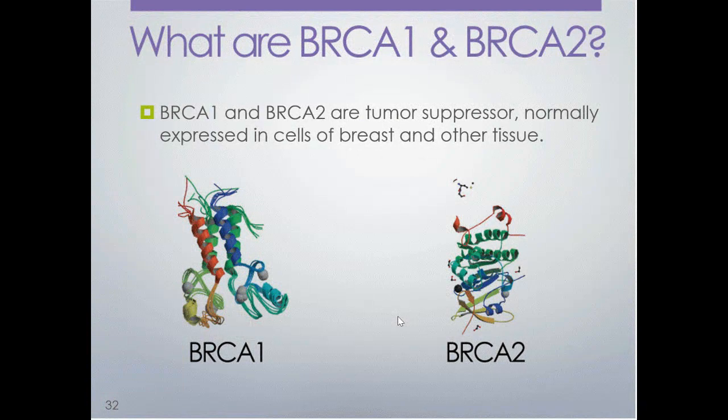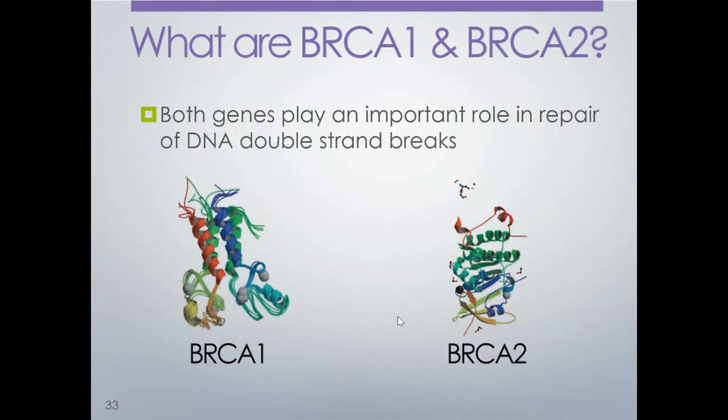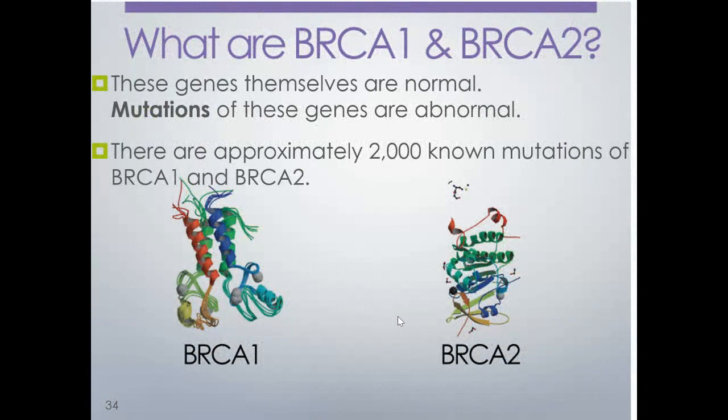Now, BRCA1 and BRCA2 are tumor suppressors, and they're normally expressed in cells of breast and other tissue. They play an important role in the repair of DNA strands, DNA double-strand breaks. The genes themselves are completely normal. However, when these genes mutate, they become abnormal genes. And currently, there's over 2,000 known mutations of BRCA1 and BRCA2.